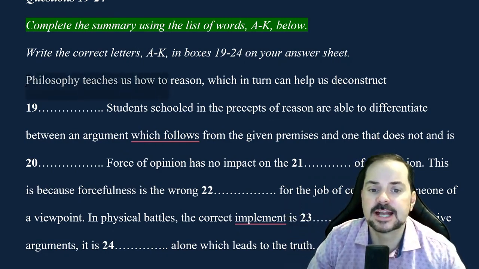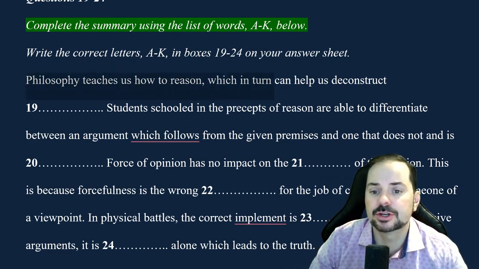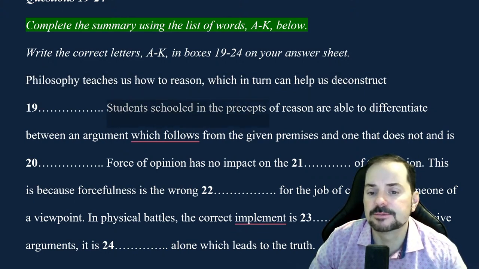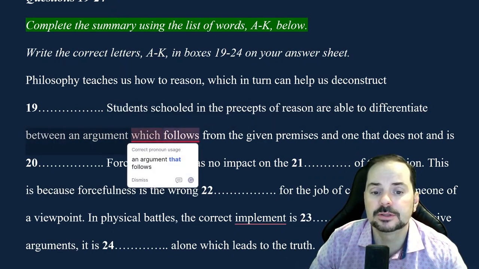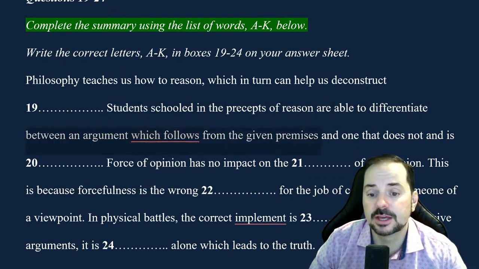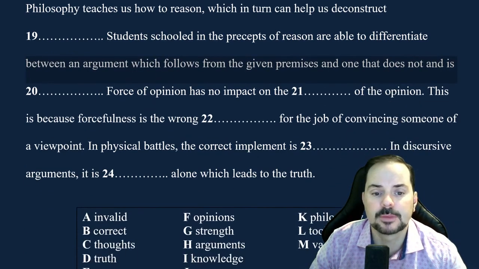Philosophy teaches us how to reason, which in turn can help us deconstruct something. Students schooled in the precepts of reason are able to differentiate between an argument which follows from the given premises and one that does not and is something.